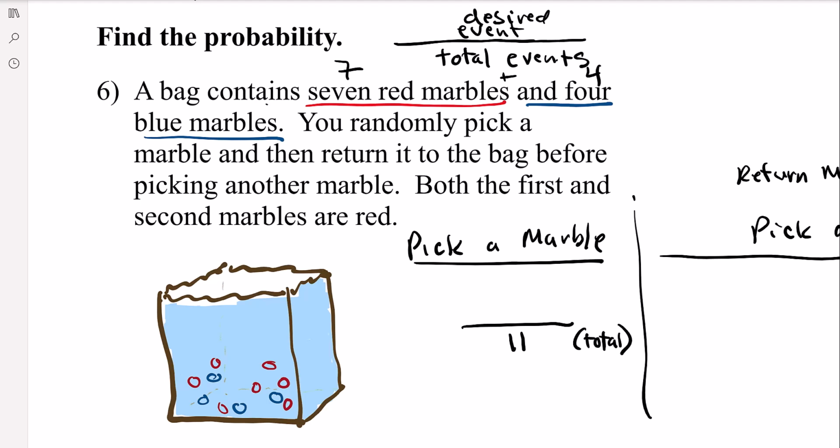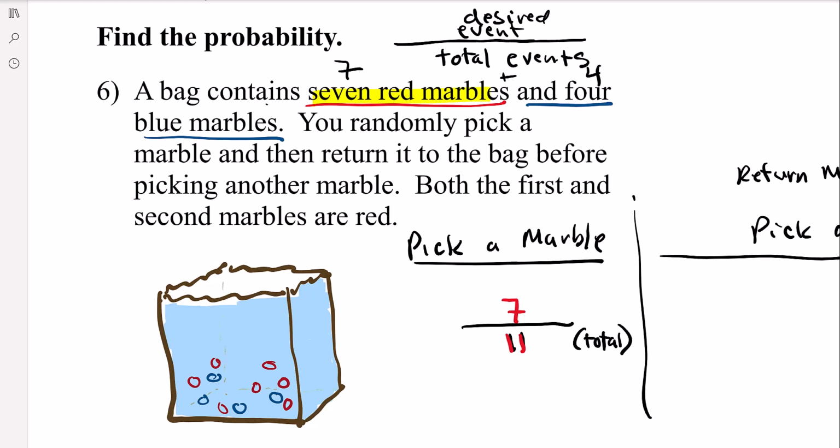You randomly pick a marble and then return it to the bag. So you pick a marble, you return it to the bag. Both the first and the second, well, how many red are there? There are 7 red. So you have 7 of the total 11. That's your probability, 7/11.